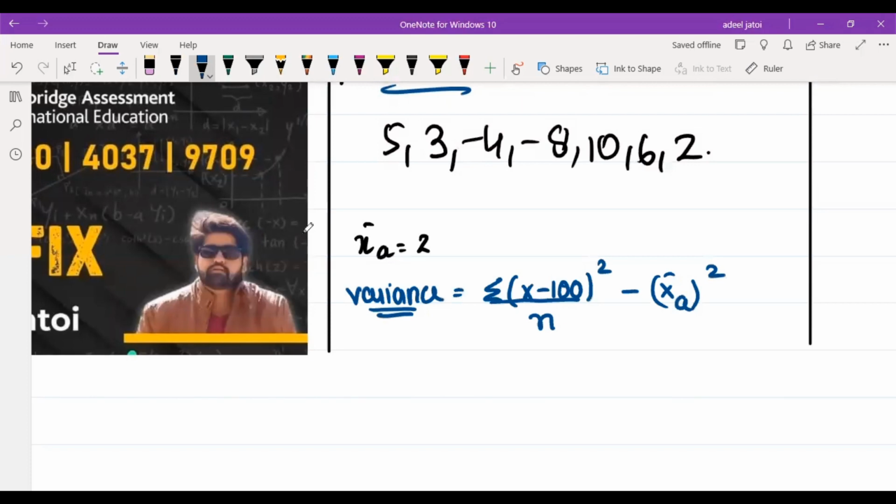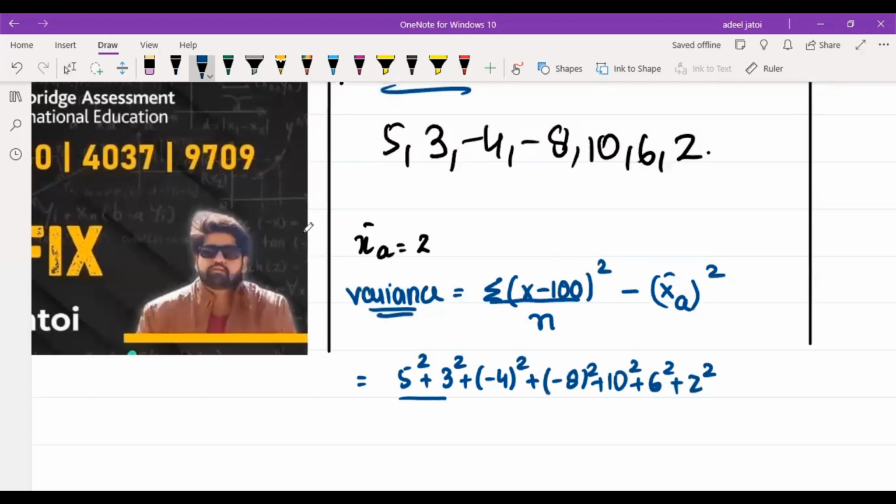When the data is given for the assumed mean, I'll be using the formula for assumed mean itself, which means 5 square plus 3 square plus (-4) square plus (-8) square plus 10 square plus 6 square plus 2 square, upon n, minus the mean, which was 2, squared.